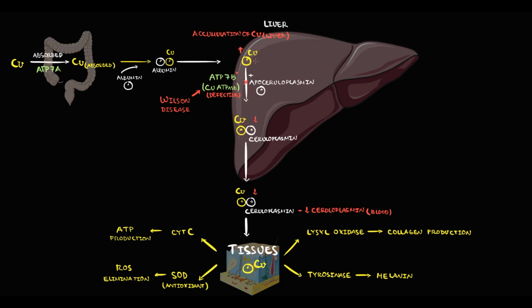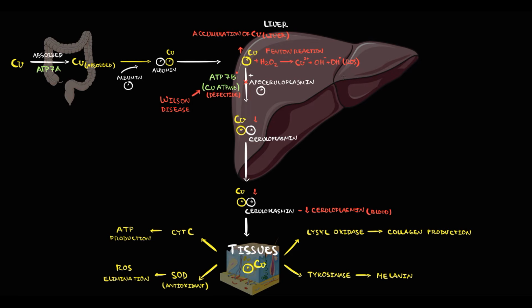The problem here is that copper in a free state reacts with hydrogen peroxide, and we know that hydrogen peroxide is formed from water and oxygen. This reaction we call the Fenton-like reaction, and as we see, the final products of this reaction are hydroxyl radicals.